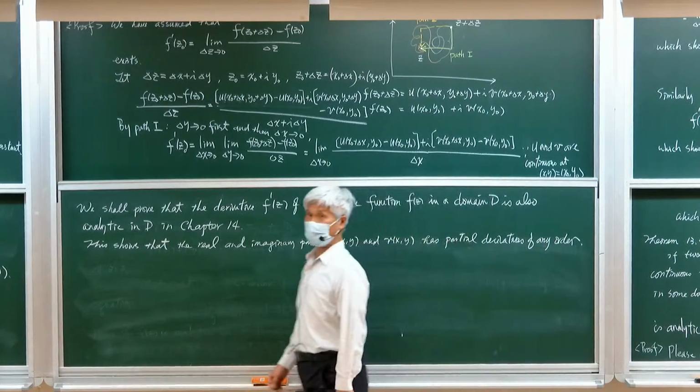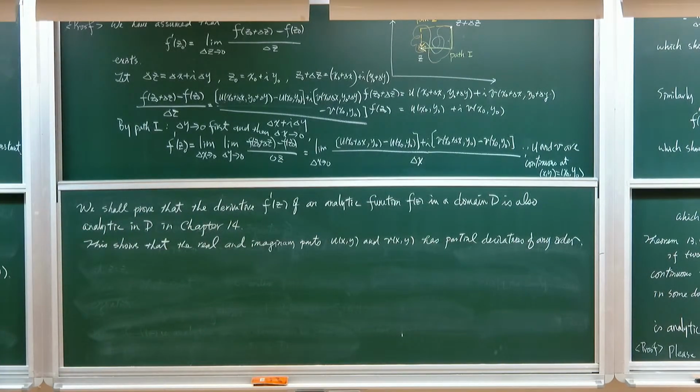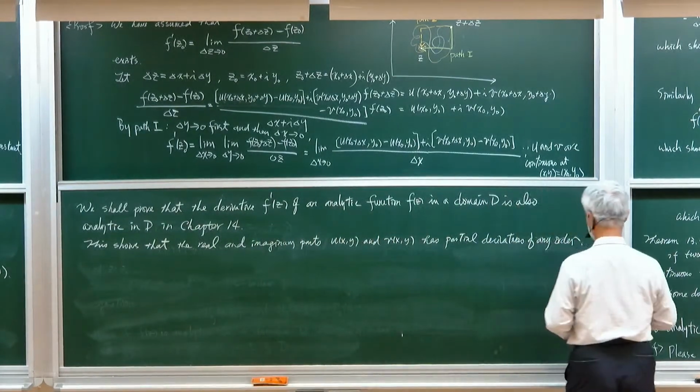So it is very powerful. If f of z is analytic in a domain, then its real and imaginary parts have partial derivatives of any order. Any order you can take. So this is very well behaved.